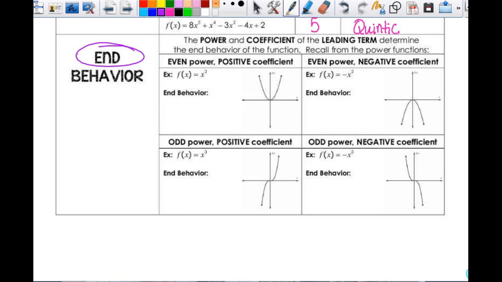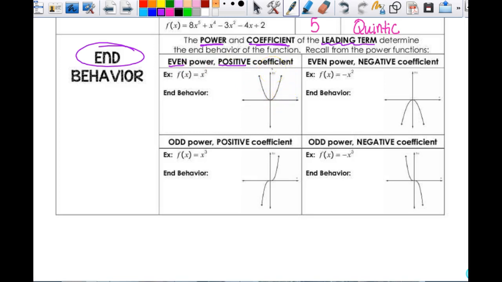So my end behavior here, it says the power and coefficient of the leading term, and that would be the highest one, determine the end behavior of the function. So the power and the coefficient. Now, this is almost identical to what we wrote out yesterday, but yes, we're still going to do it because I'm going to add a part to that. So same thing here. We're just looking at end behavior. We have an even power, positive coefficient.